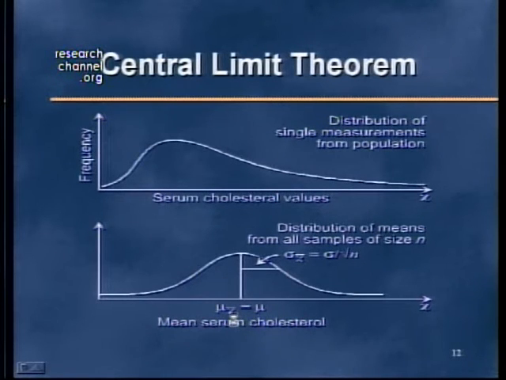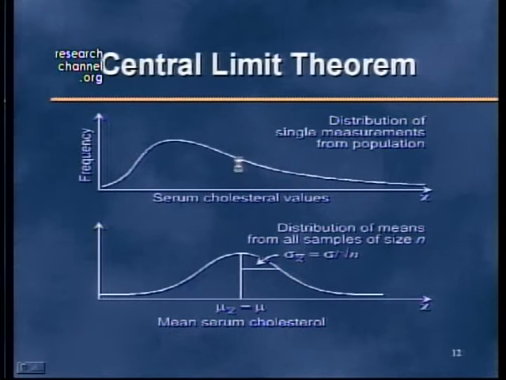What's the mean of the means? So in other words, I know I'm using the word mean a lot, but what's the average value of all of the sample means that we could possibly take? The average value is the same as the true population mean.